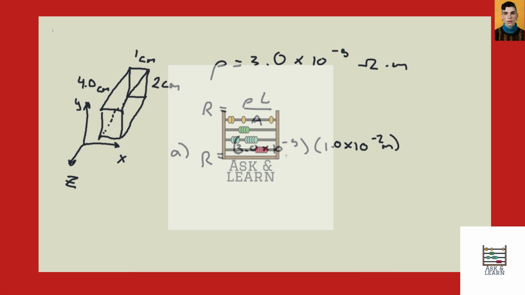Here I'm going to use meters everywhere, that way we get the right answer at the end in the right units. In this case now, the area is going to be the y dimension times the z dimension. So 2.0 times 10 to the minus 2 times 4 times 10 to the minus 2. And if we plug all of this in, we should find 3.8 times 10 to the minus 4.